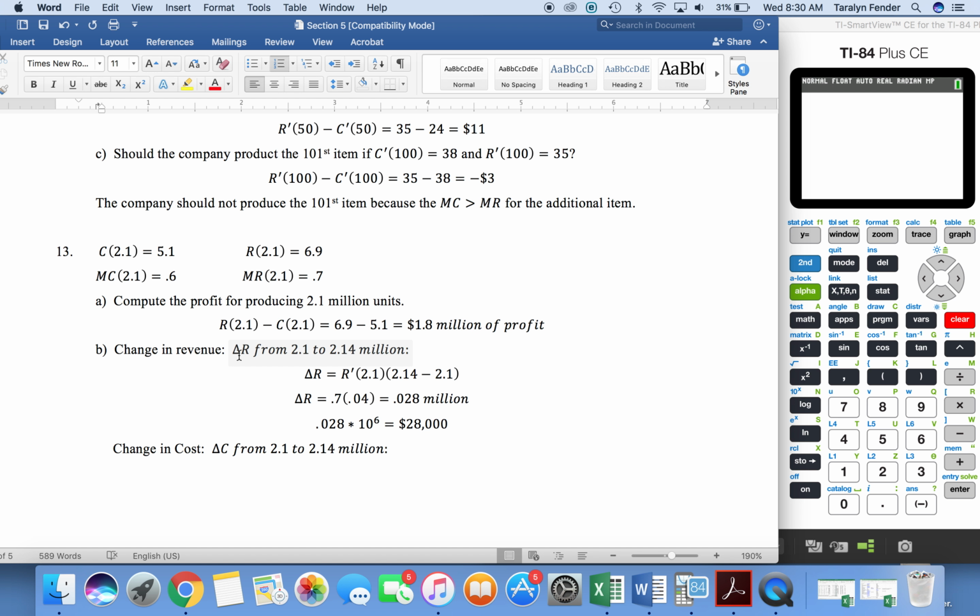The change in revenue from 2.1 to 2.14 is equal to the derivative at 2.1 times the change. So the derivative, or the marginal revenue, is equal to 0.7, and this is times 0.04, and that is $0.028 million. When you multiply that by 10 to the 6th power, which is million, you get $28,000.